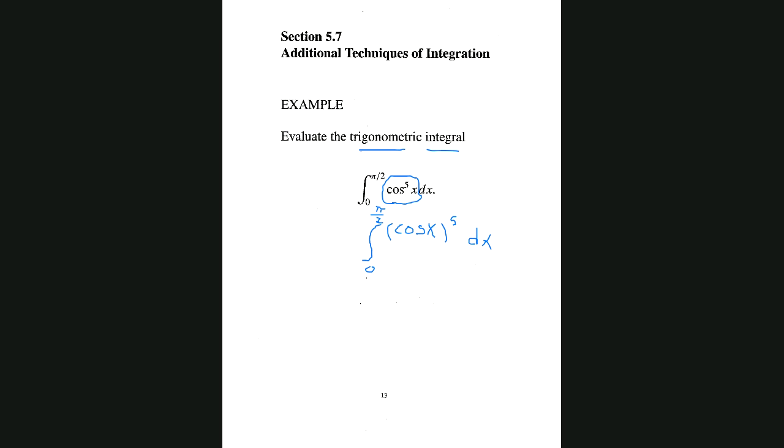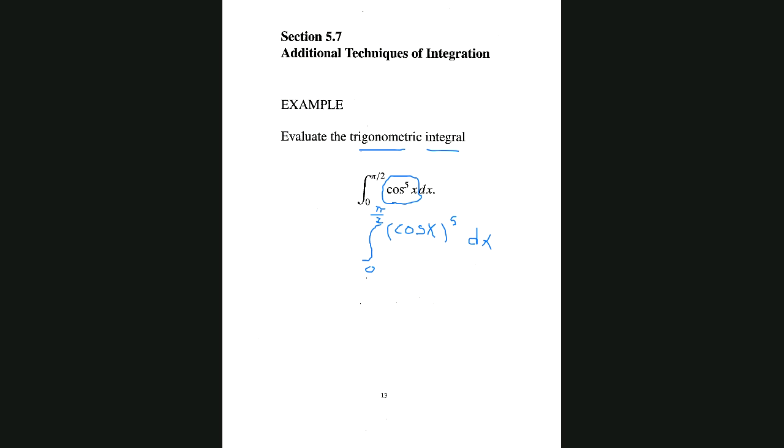And as you know, for definite integrals, you're always computing the area. What you're doing is computing the area underneath the curve, cosine of x to the 5th power. You could put that in on your calculator, right?